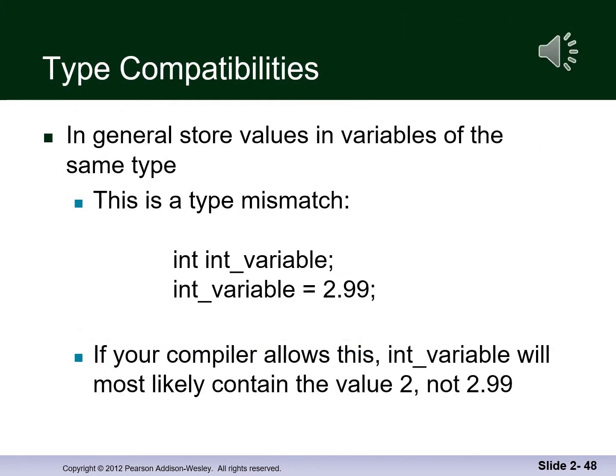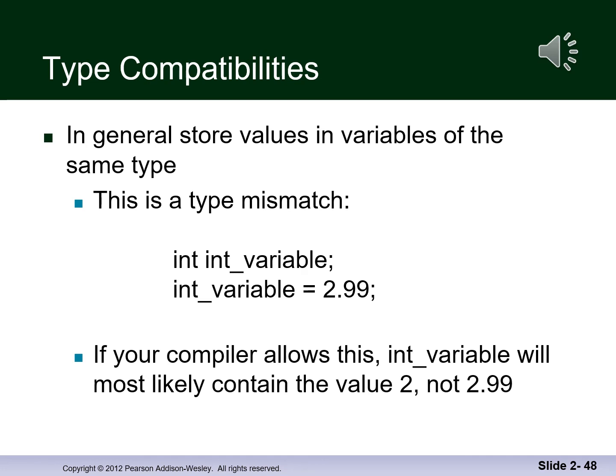So the name of your alter ego is Mr. You want to be careful to store values correctly in the correct variable type. The example given here is what's called a type mismatch. We declare an integer called int variable, and then we assign 2.99 to int variable.